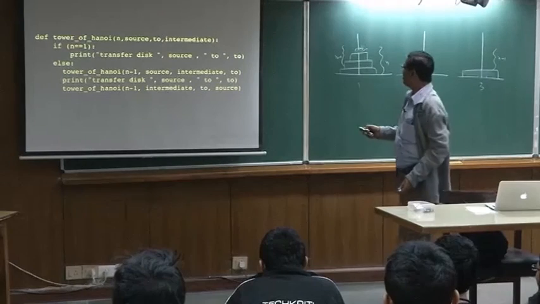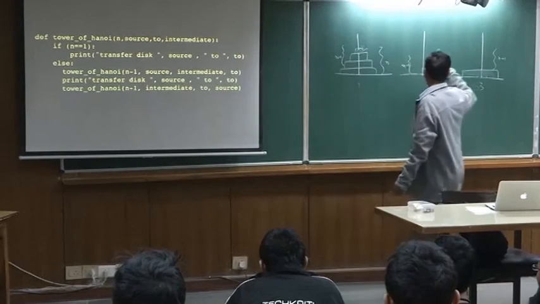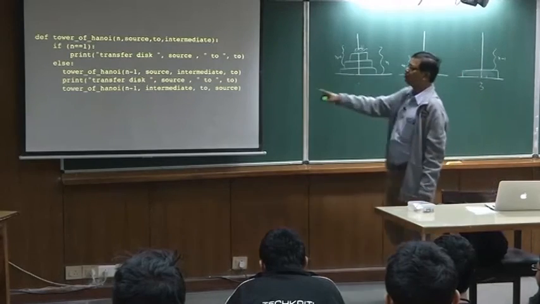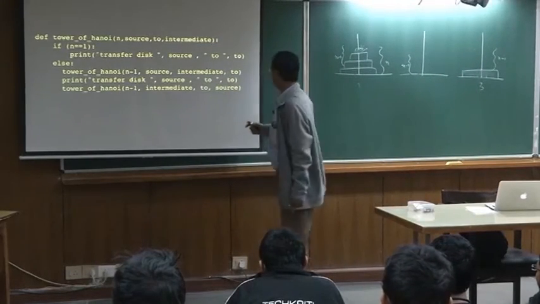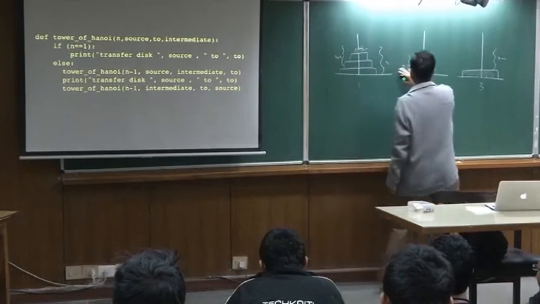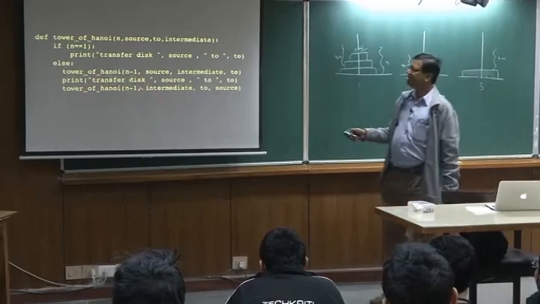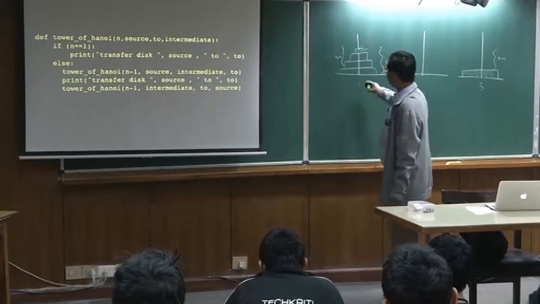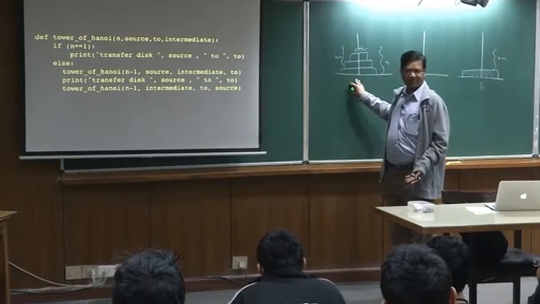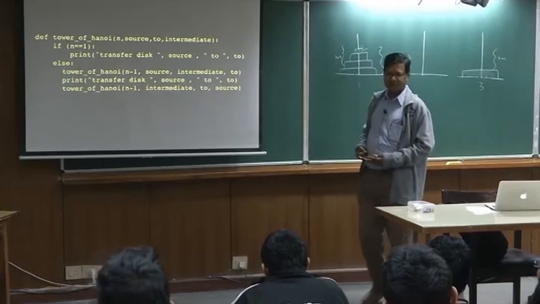And then what do I do? I am left with one disk. So transfer this disk from source to 2. And then I have this situation, n minus 1 sitting here and 1 sitting here, and after that I take n minus 1 from intermediate to 2, but the source peg becomes the intermediate now.